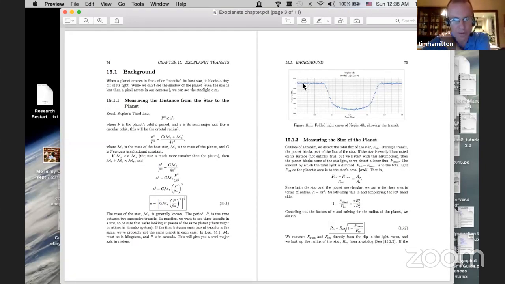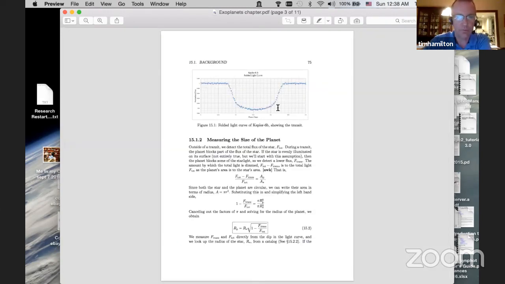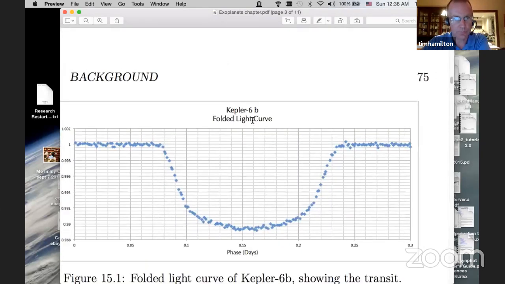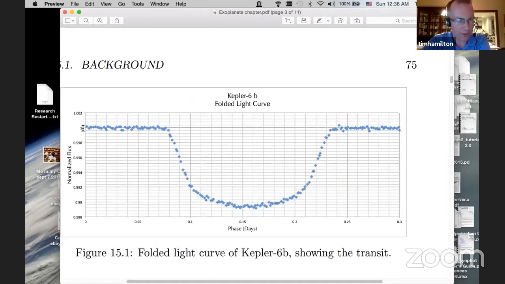If you take a look on page 75, that's the 3rd page of the PDF file, you'll see that what we're plotting is the brightness. Let's make that wider. We're plotting the flux, or the intensity of light, of the star versus time, laid out horizontally there. I have it folded around, so we're looking at all of the transits, that's the crossings of the planet around the star, folded into one so that we get more signal to noise.